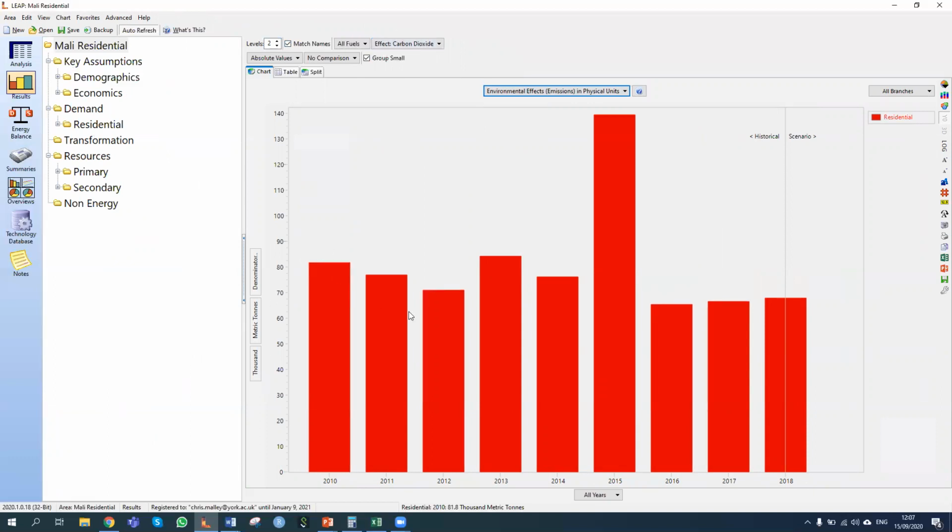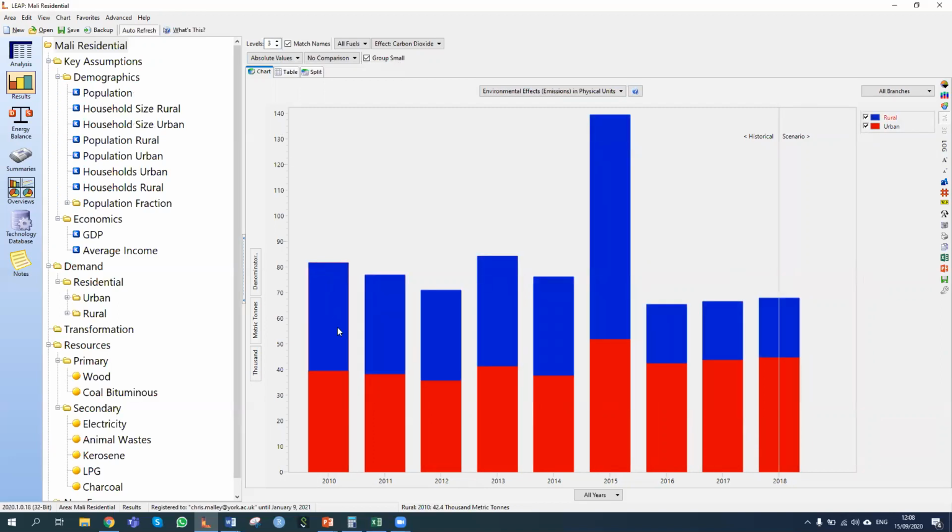So for carbon dioxide, between 2010 and 2018, my emissions were between 80 and 140,000 metric tons. They were fairly evenly split in 2010 between urban and rural areas, but now they are much more in urban areas.